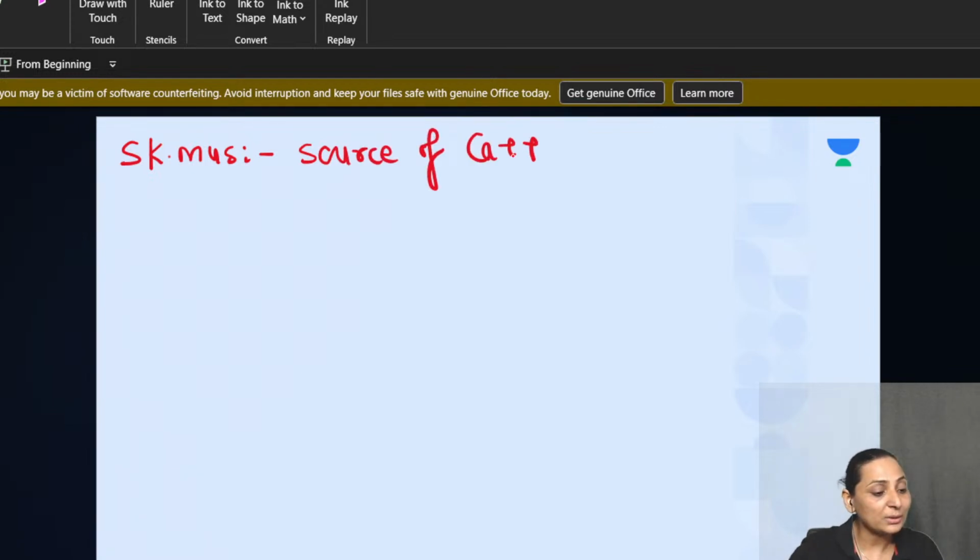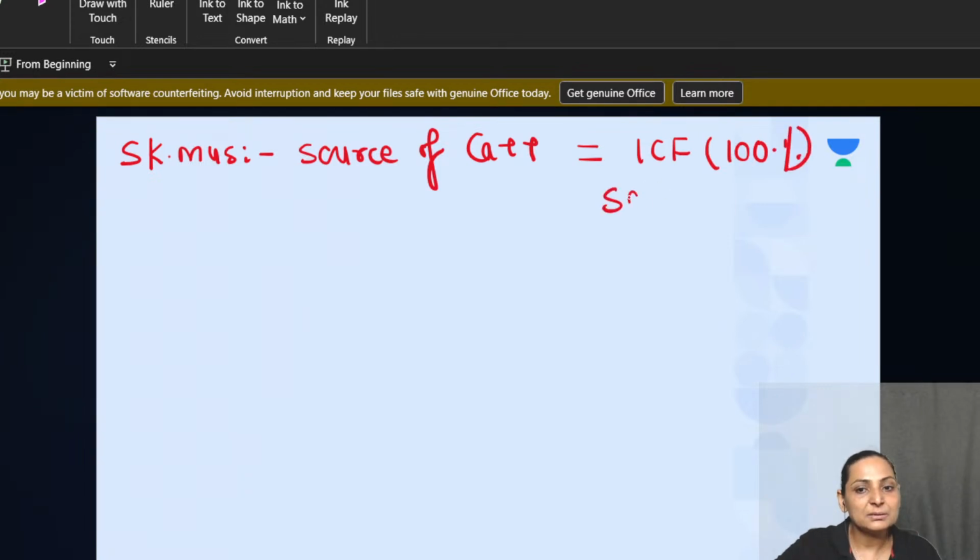So let us rule out this first, and then we will understand the differences in the sarcotubular system in the 3 muscles. In the skeletal muscles, the source of calcium is 100% ICF. What is ICF? The sarcotubular system, or the L tubules, which are the storehouse of calcium.